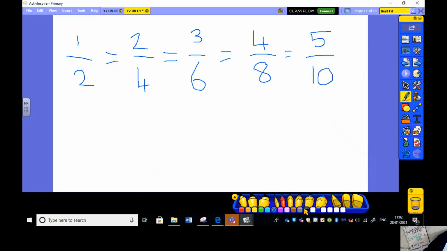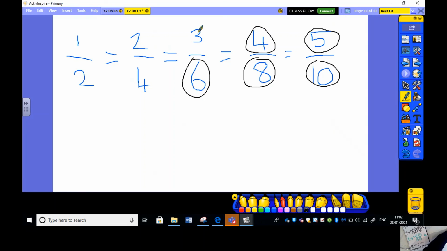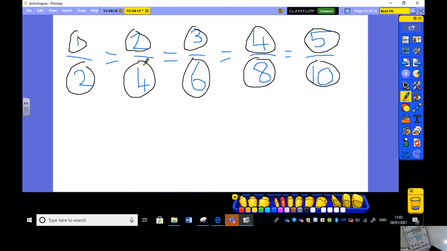Whenever the denominator is double the numerator, the fraction is the same as 1/2. 10 is double 5. 8 is double 4. 6 is double 3. 4 is double 2. And 2 is double 1.